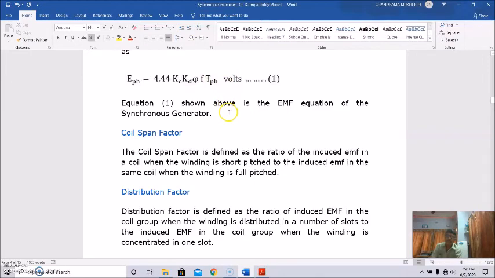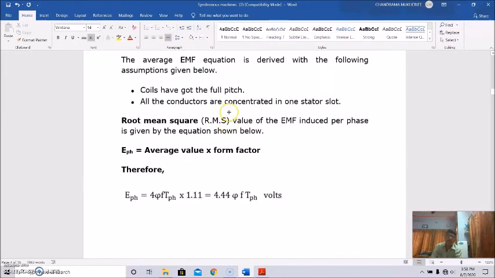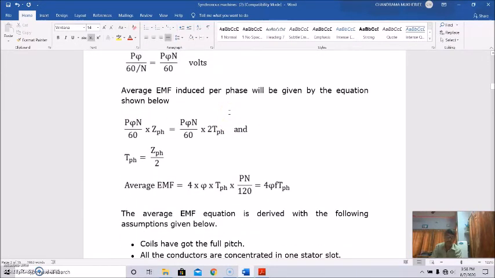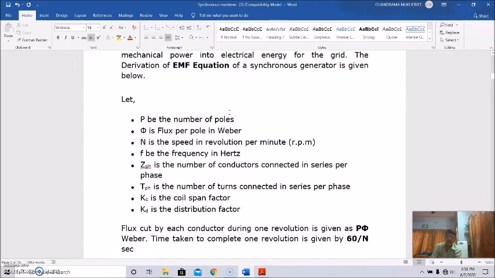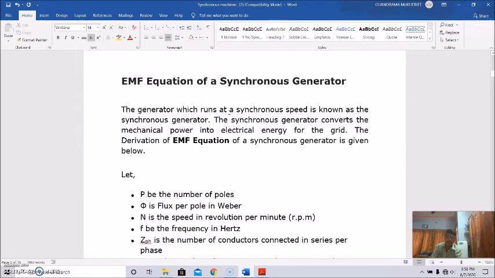So once again I can repeat this EMF equation, how we get the generated EMF. As we know, the working principle is like this. In a synchronous generator, the rotor acts as the field. It will produce the main magnetic field.